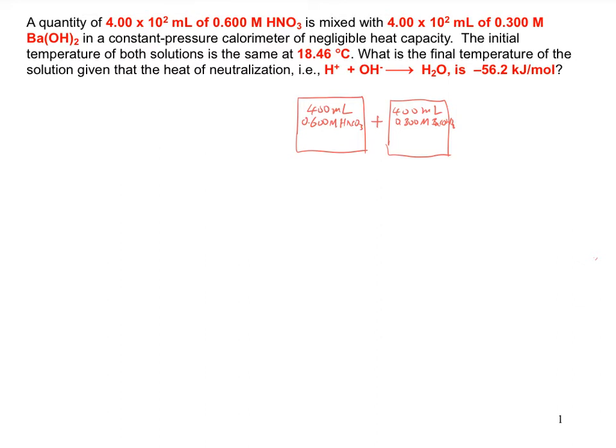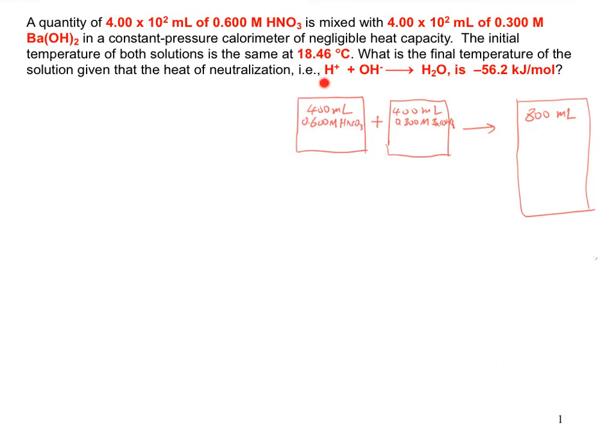Now, I want you to see this clearly. After the mixing, how many milliliter of solution do we have? That's 400 plus 400, 800 milliliter of the solution. That's a very important picture. And for this 800 milliliter, the majority of the solution is water.